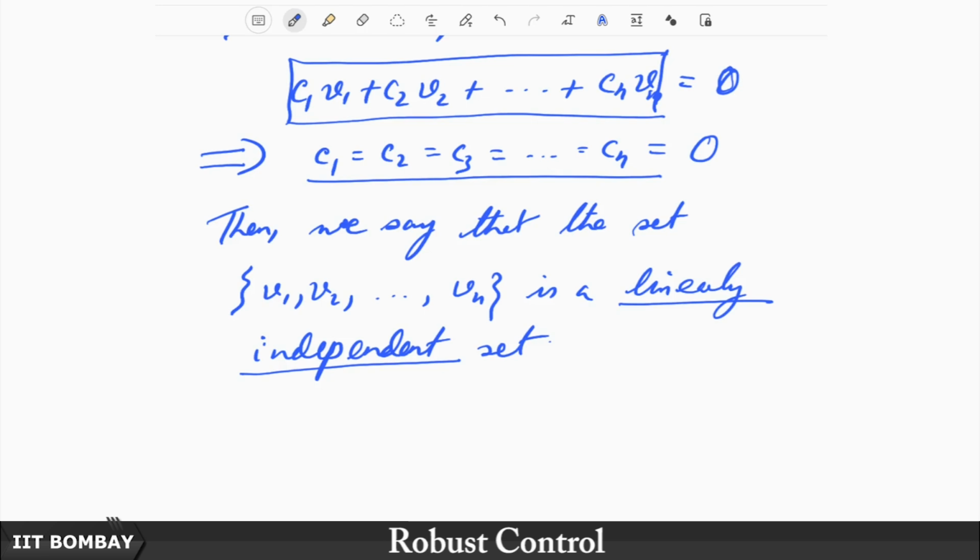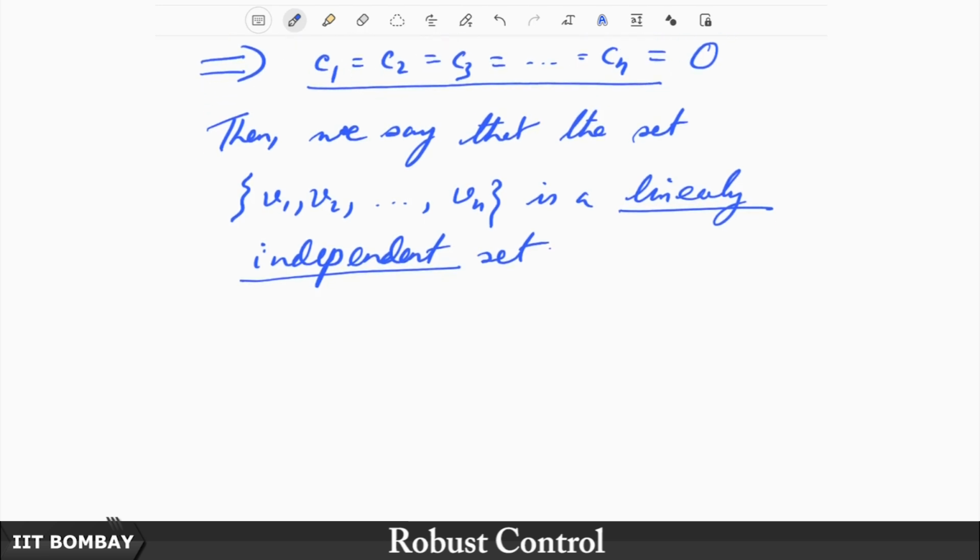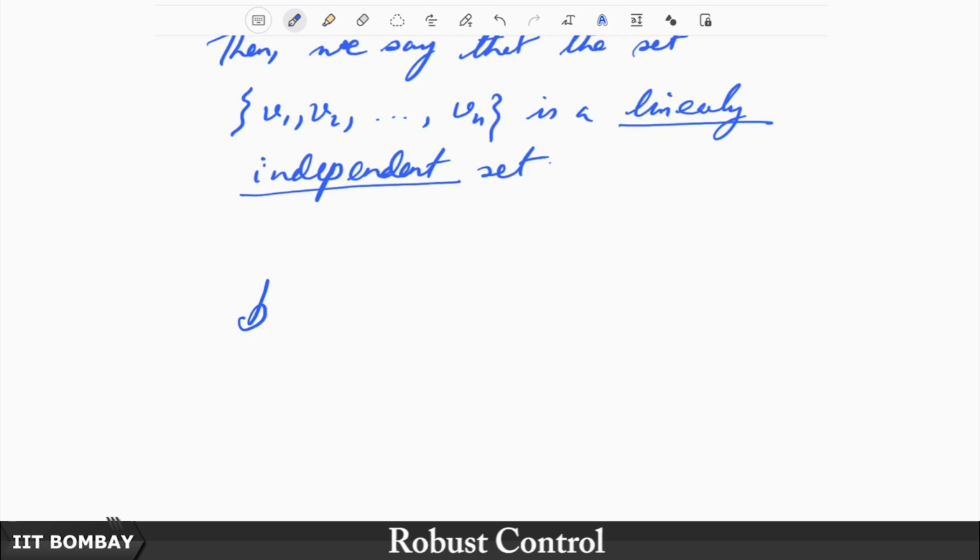So, the moment we have this idea of linear independence of a set, the next important notion would be that of basis. So, what is a basis?